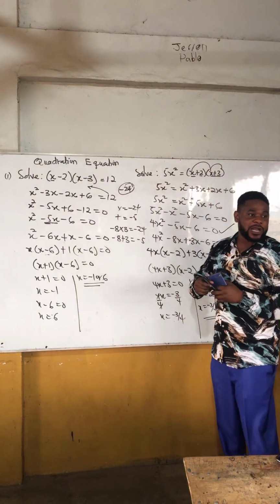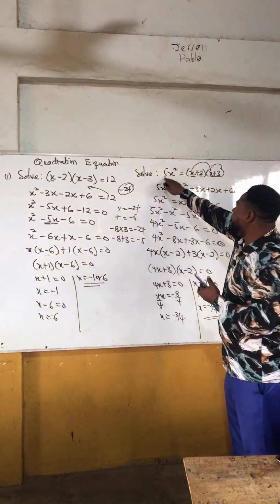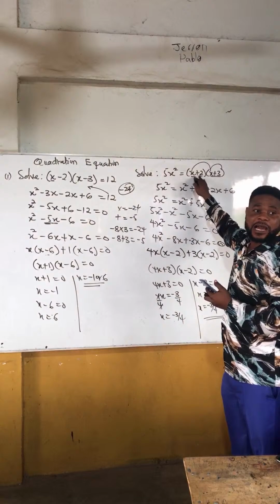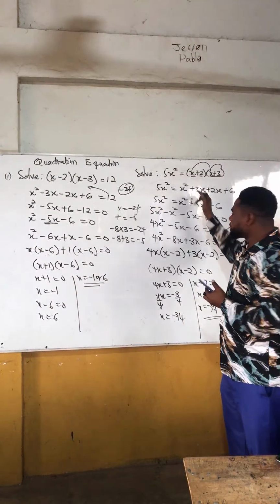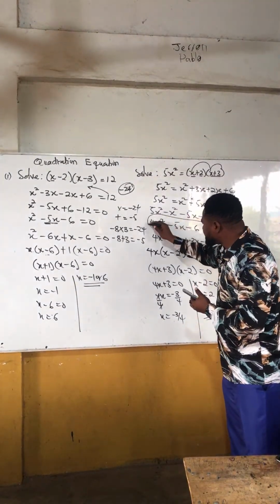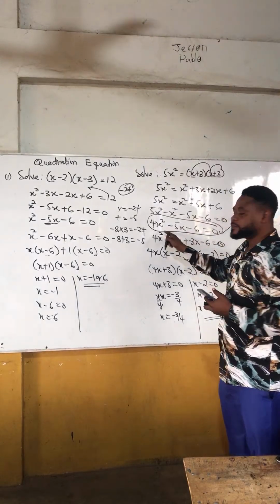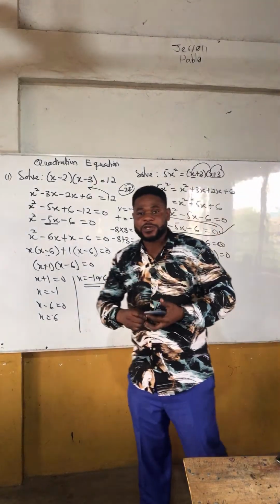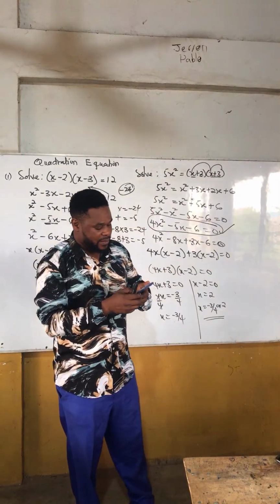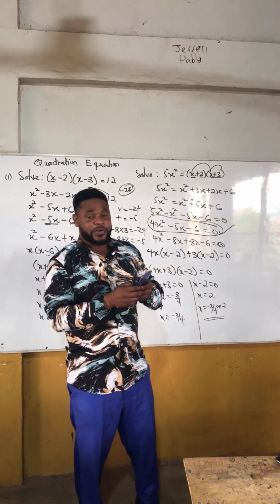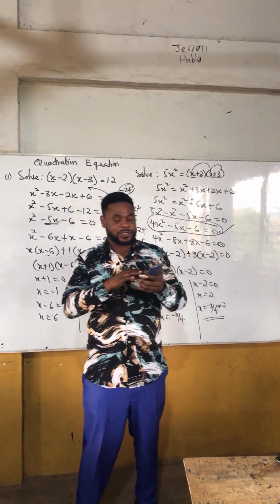Now, what I'm trying to let you know is that from here, the calculator cannot solve this one. The calculator can only solve this level. Now, everybody, let's go. Take your scientific calculator and press mode. You see mode on it, so you press mode.